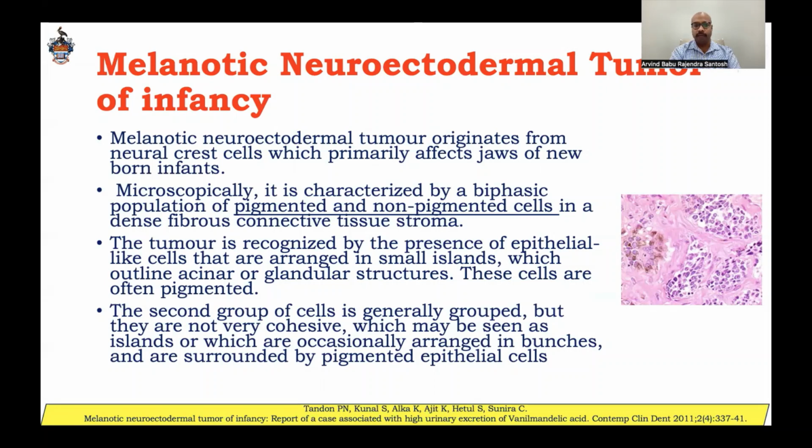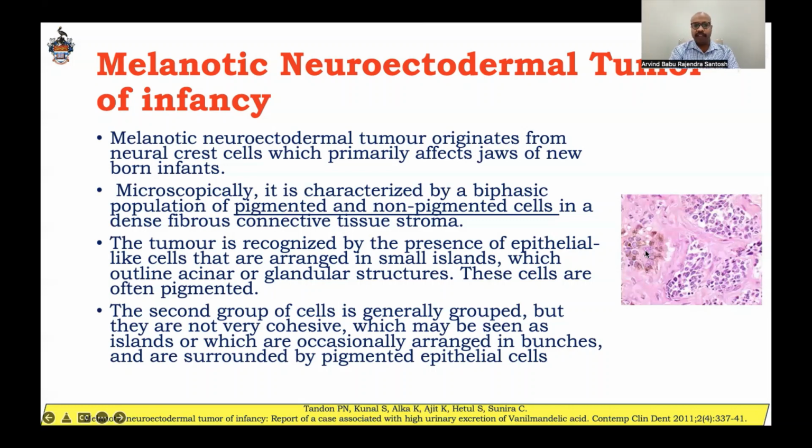These are two different cell populations that we see in a dense background of fibrous connective tissue, where you can see in this picture we have pigmented cells and non-pigmented cells. These are epithelial-like cells arranged in the form of small islands, in acinar or glandular structures, and you can see some of these cells are pigmented.